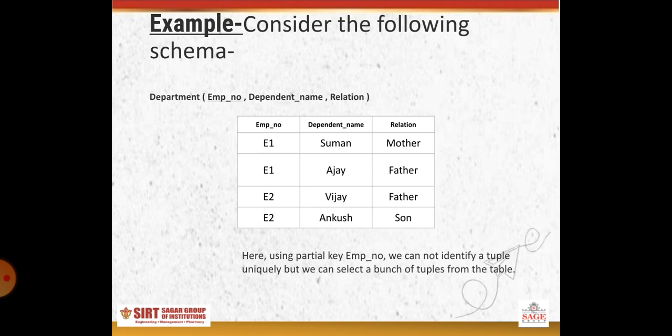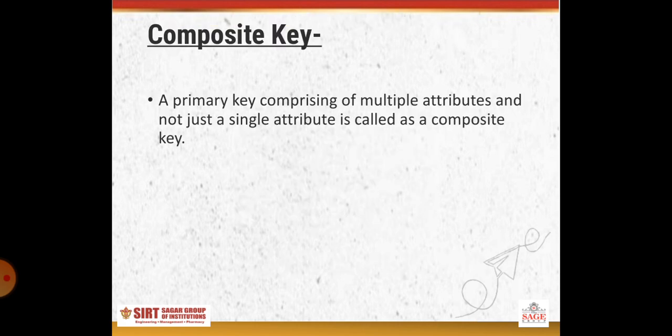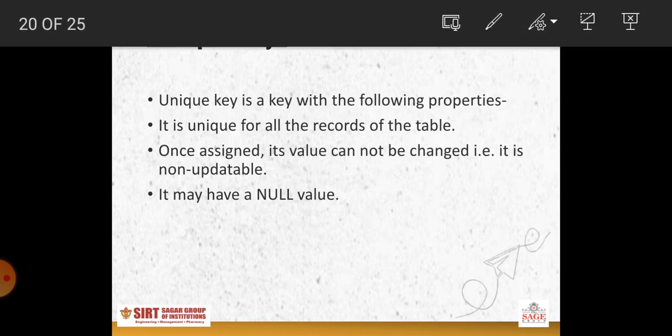Employee number, dependent name, and relation are the attributes of the relation. Using the partial key employee number, we cannot identify a tuple uniquely, so we can select a bunch of tuples from the table. Then comes composite key. A primary key comprising multiple attributes, not just a single attribute, is called a composite key.